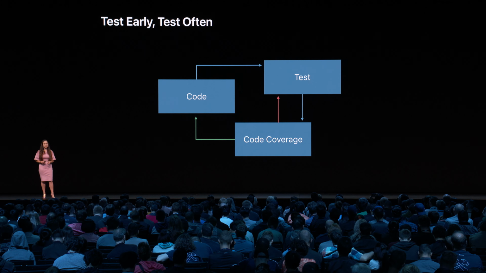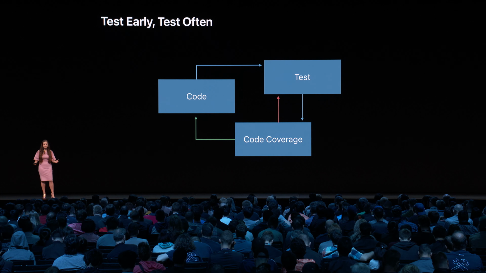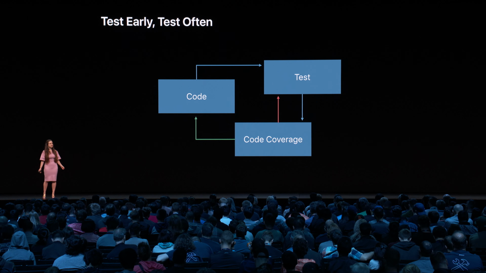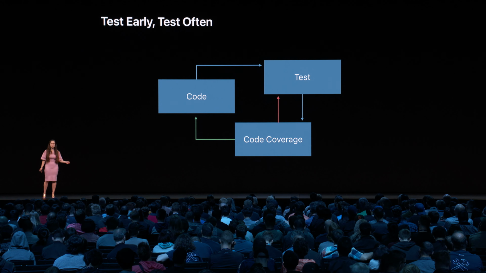By having a test suite that grows along with your source code, you can ensure that each new function you write is reliable and behaves as expected. And remember, testing is an ongoing process and vital to the health of your app. Now, I'd like to invite Stuart to the stage to tell you more about how you can get the most out of your tests in Xcode.